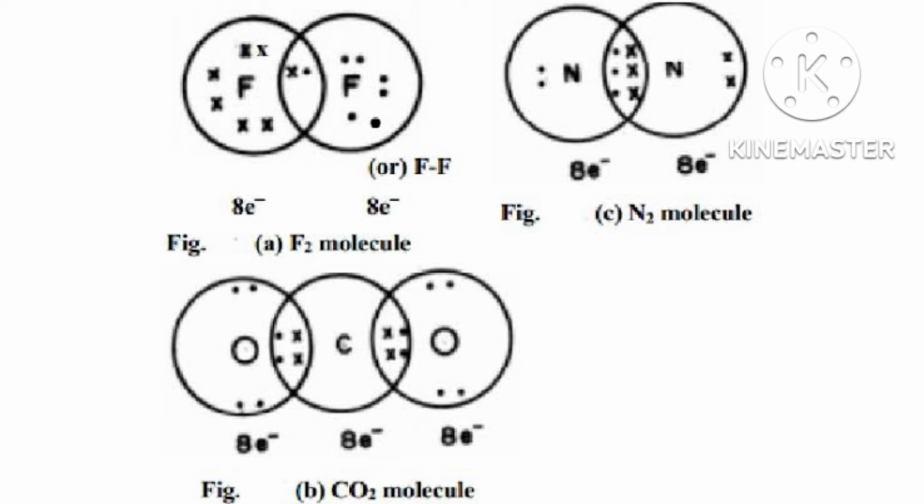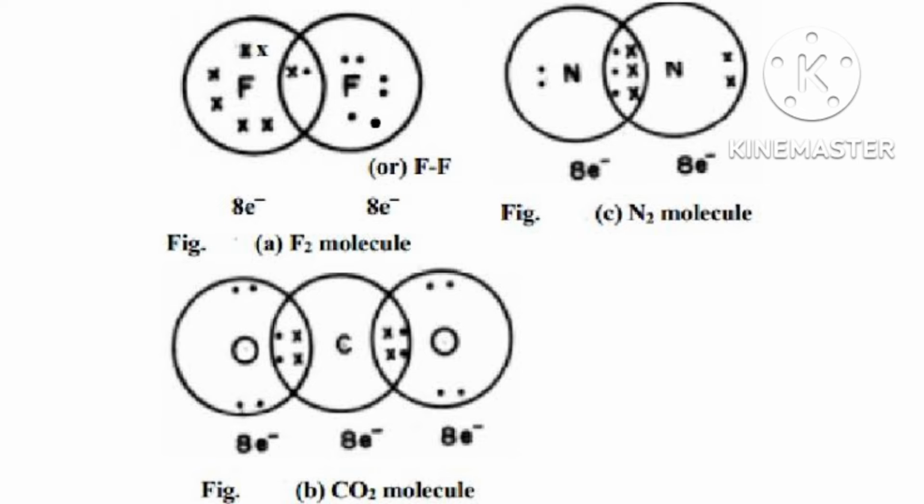After group 18, the s-block alkali metals are there. Alkali metals are called electropositive and halogens are called electronegative, and they are separated by noble gases.